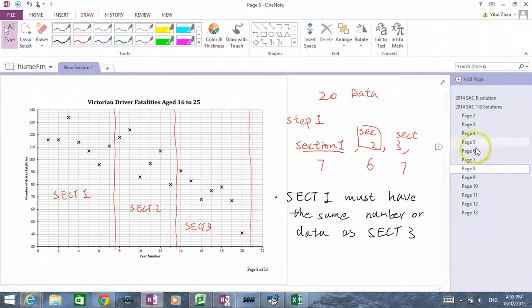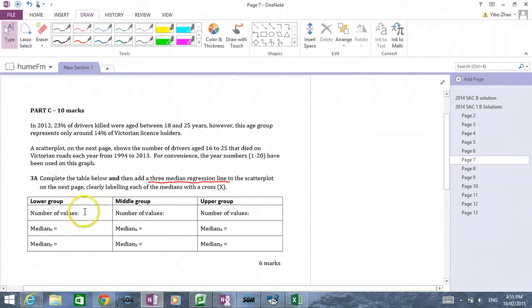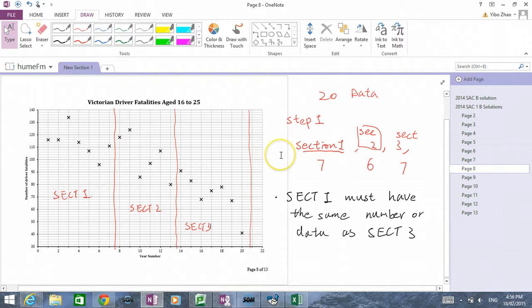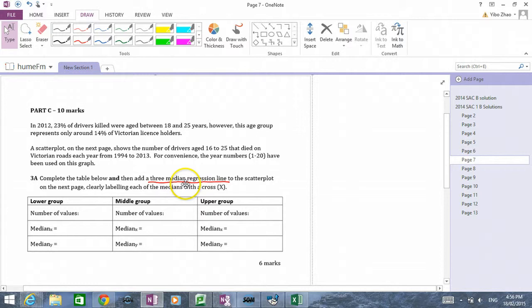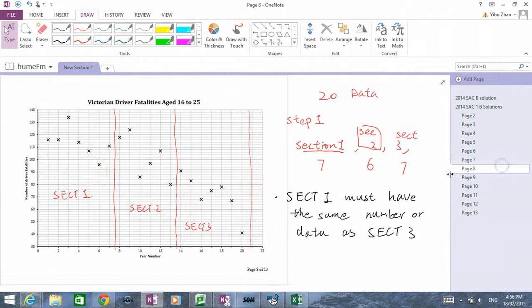Then what we need to do is find all the values, the medium x and the medium y. Now I show you what I'm trying to find. Remember what we're going to do. We're going to do the 3 medium regression line. Obviously, we need to find the medium, the middle number of each section.